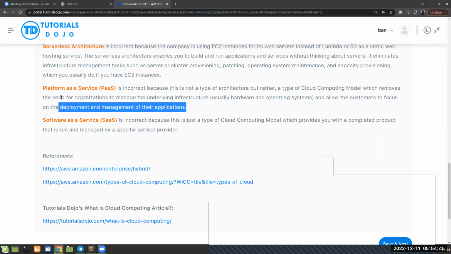They don't have to bother about the hardware and operating system. What is an example of platform as a service? Elastic Beanstalk. Yes, correct. So that's an example of that.